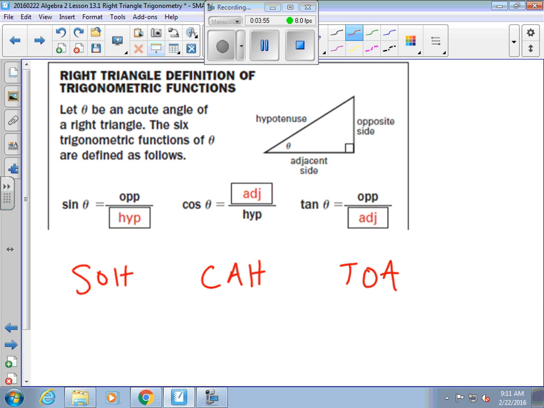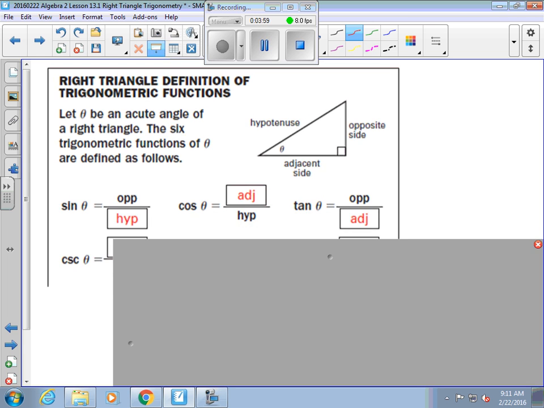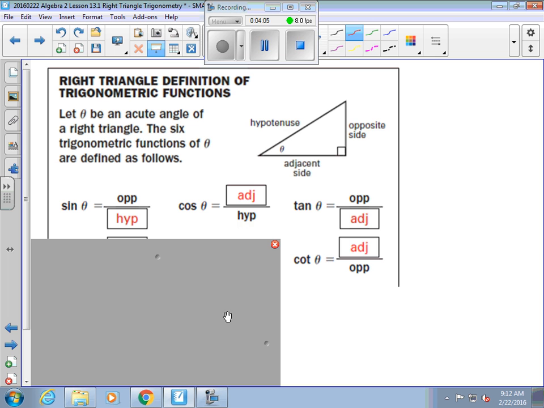The 3 trig functions that you are probably not familiar with are the next 3: cosecant, secant, and cotangent. Tangent and cotangent are the easiest ones to remember because they both have tangent in them. If tangent is opposite over adjacent, then cotangent is just adjacent over opposite.